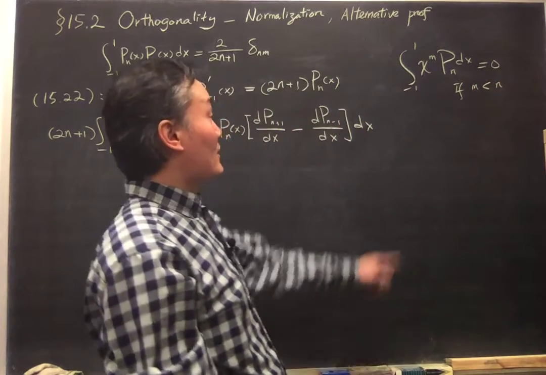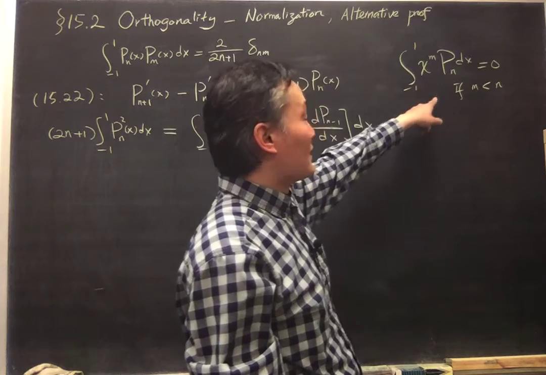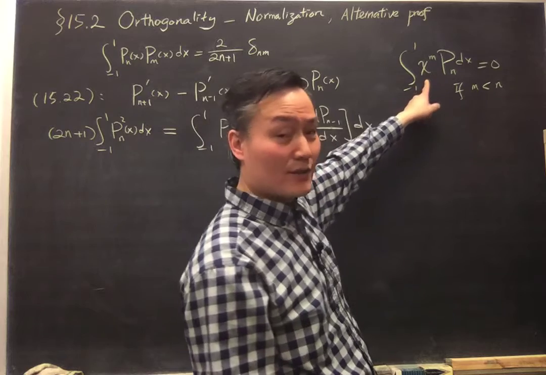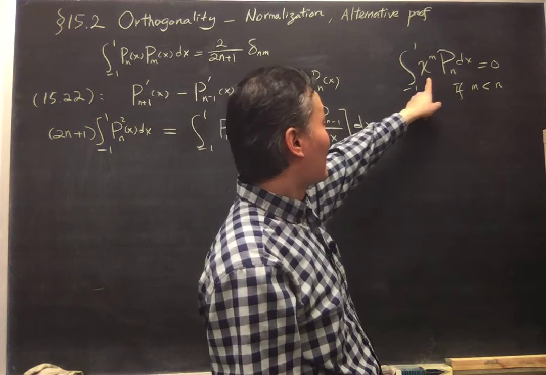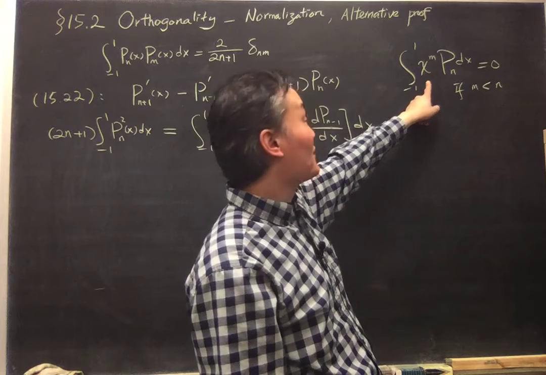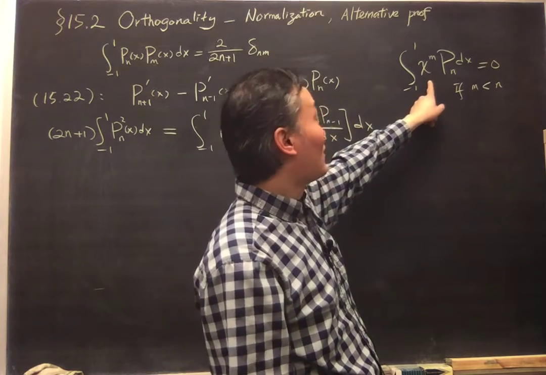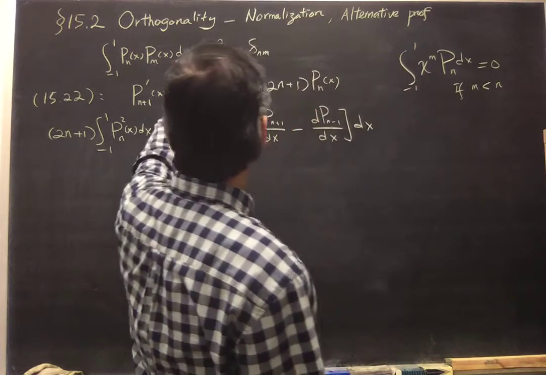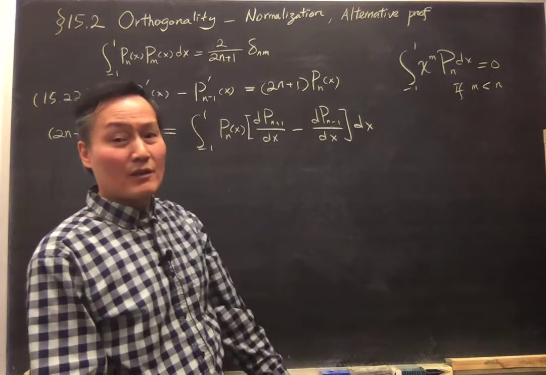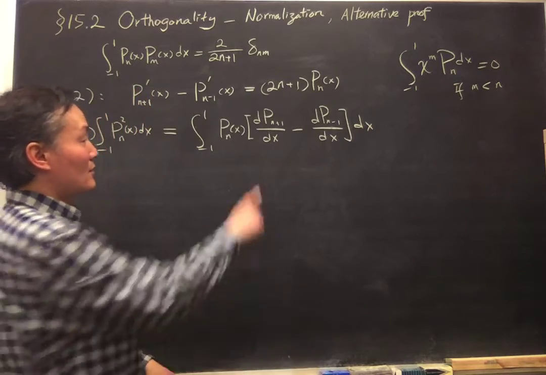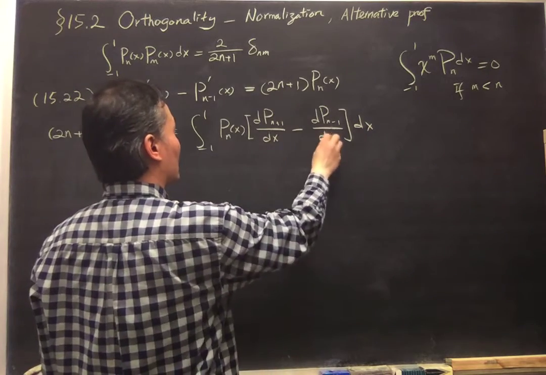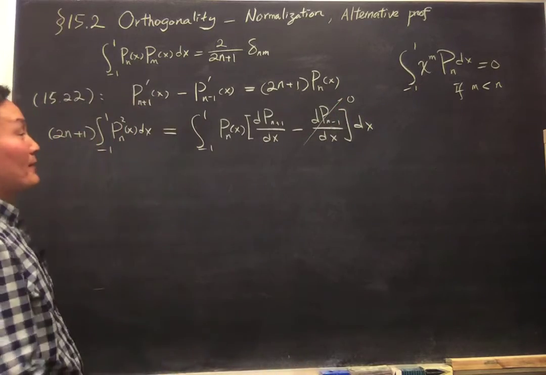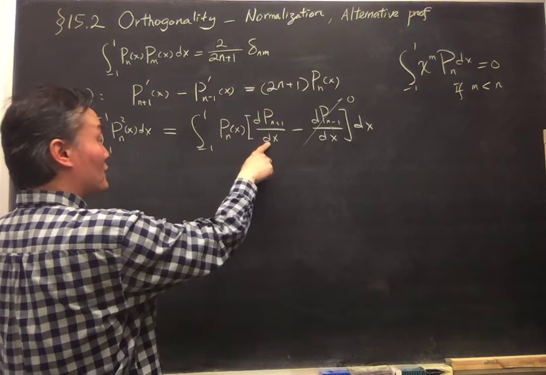This is because x to the m can be expressed as a summation of Legendre polynomials up to P sub m and all the lower orders. As long as m is less than n, all these integrations will be 0 by the orthogonality condition. So the second term is obviously 0, and we only have the first term.